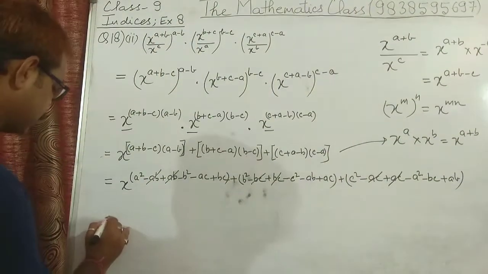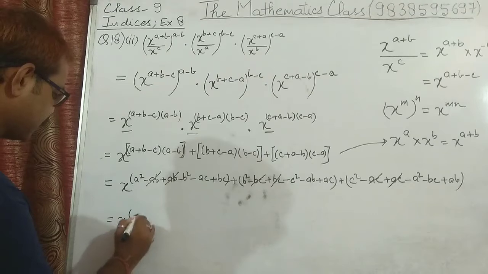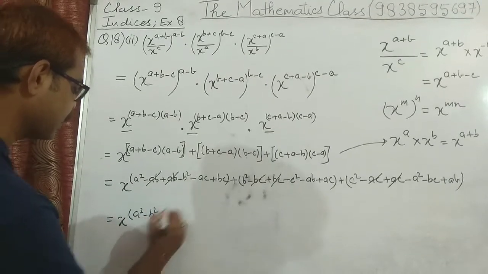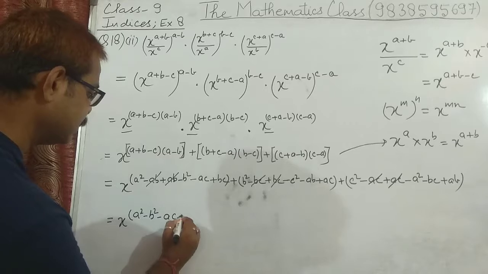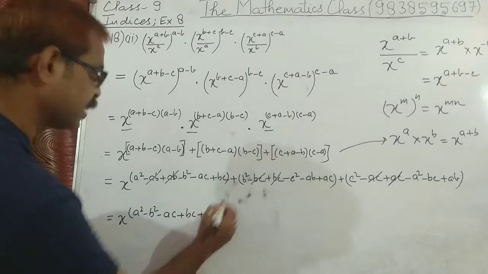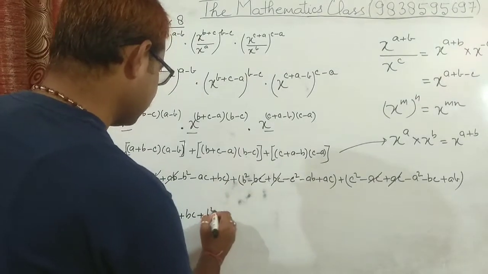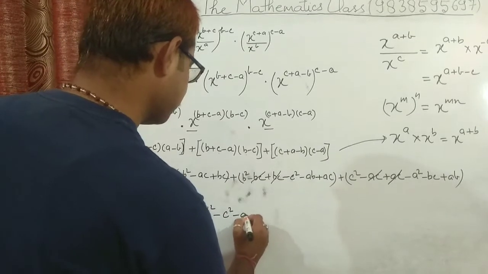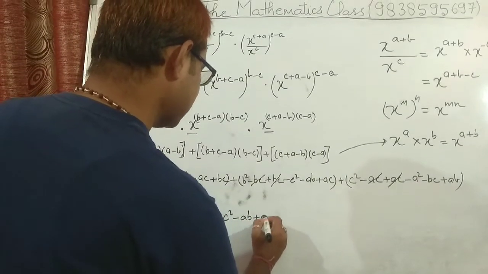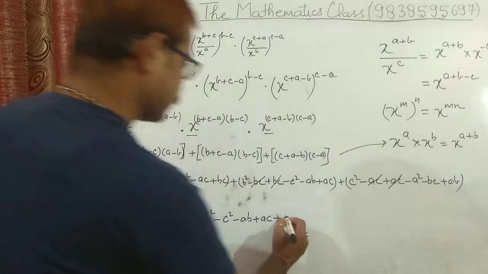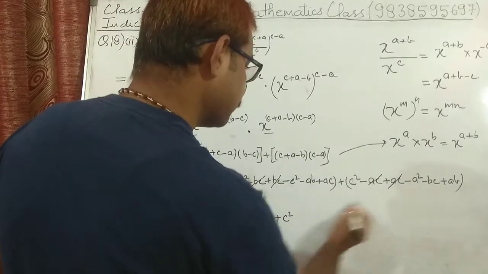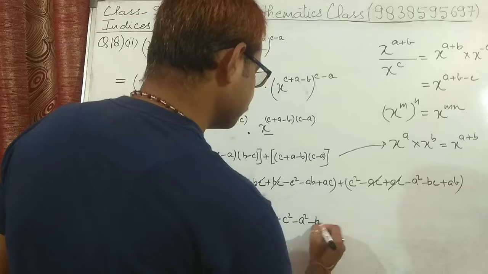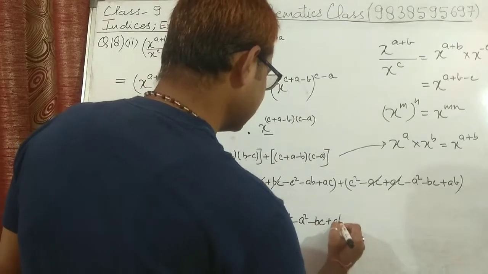Now what is left now? x to the power a square minus b square minus ac plus bc plus b square, minus c square minus ab plus ac plus c square minus a square minus bc plus ab.